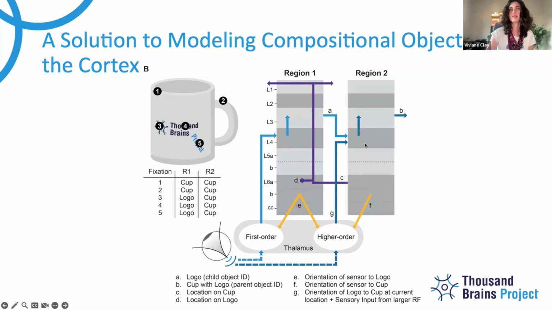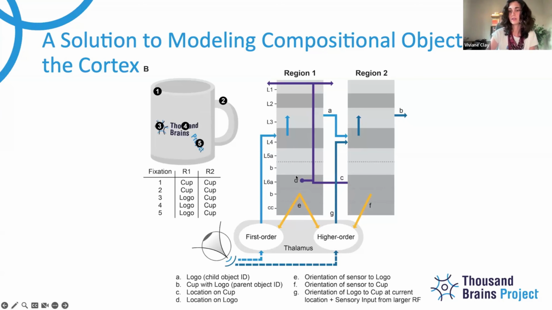Region 2 has learned the model of the cup. So if we're at location 5 in the mug's reference frame, we send this location representation down to region 1, and region 1 associates that with a specific location on its logo model, so on the J of the word project. That's an association between a specific location on the mug and a specific location on the logo.